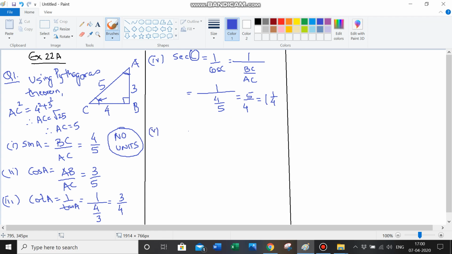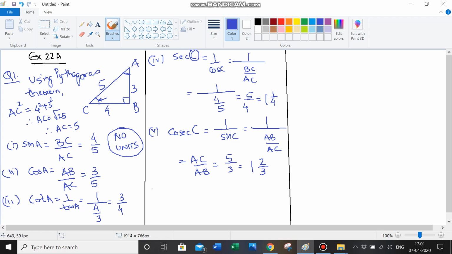Let's go to part 5. Cosec C. Again, the reference angle is C. Cosec is the reciprocal of sine. So sine would be perpendicular, in this case AB upon hypotenuse, which is AC. So it will be equal to AC upon AB, which will be equal to 5 upon 3, which is 1 and 2 upon 3.